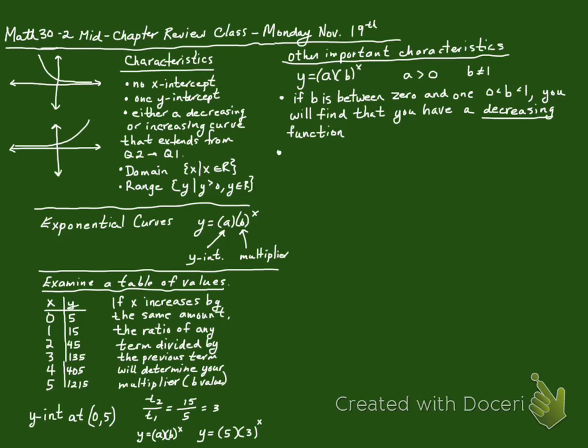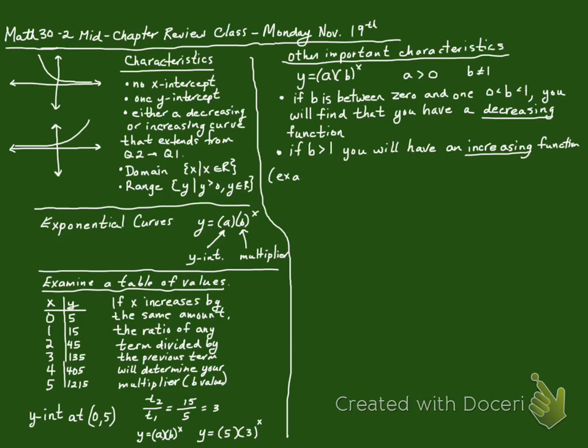That's what the first picture looks like. And if b is greater than 1, you are going to have an increasing function. For example, I want you to examine y equals 3 times 0.9 to the power of x and y equals 3 times 2 to the power of x. Compare them and draw a little picture.